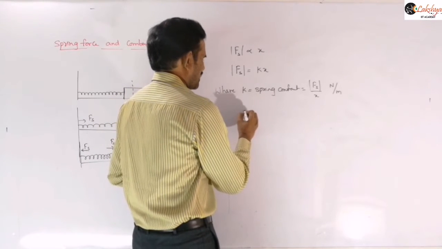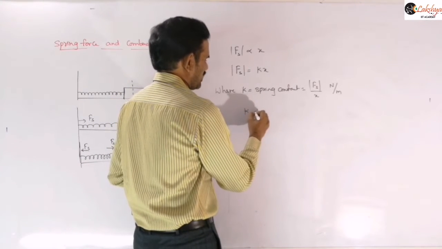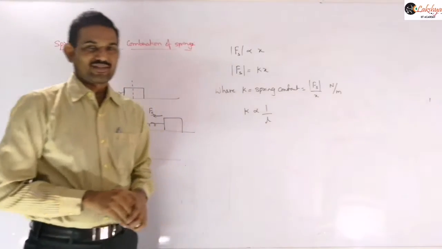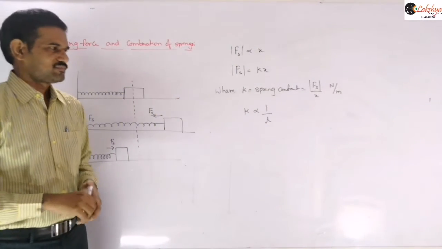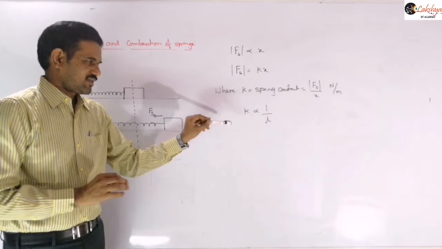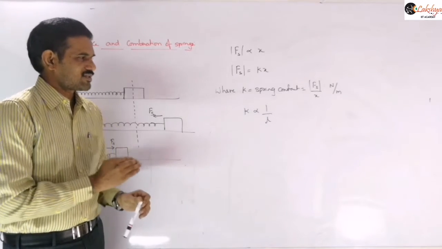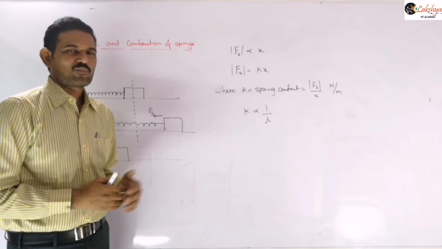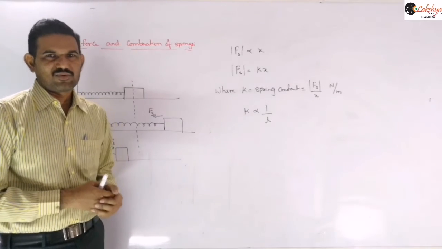And the spring constant is inversely proportional to the length of the spring. More about springs we will discuss in the work, power, energy topic, and in SHM, simple harmonic motion.